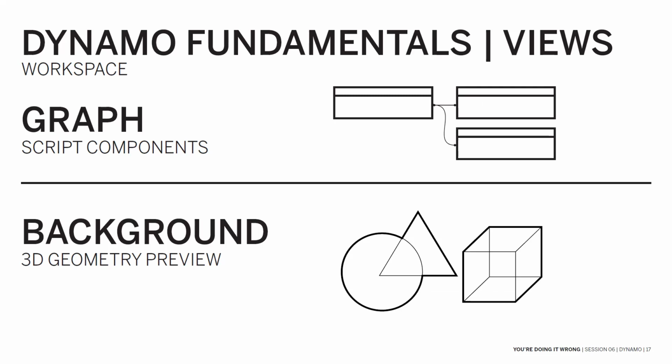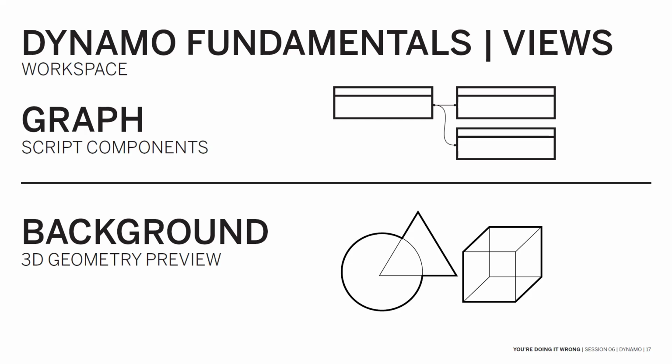So let's talk about some fundamentals of Dynamo. So you have a workspace, and I'll show you all of these things when we get into it. But you have a workspace, and a workspace has 2 components. It has your graph view, which is your actual script that you're building with nodes. And then you have the background view, which actually shows the 3D geometry that you're creating.